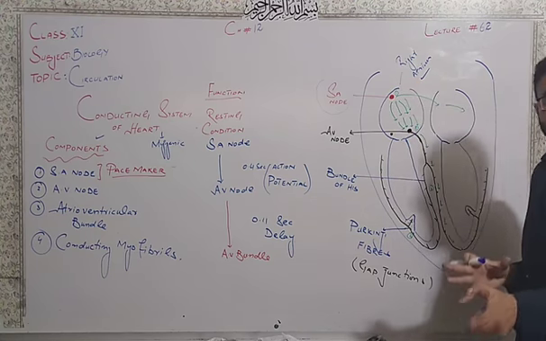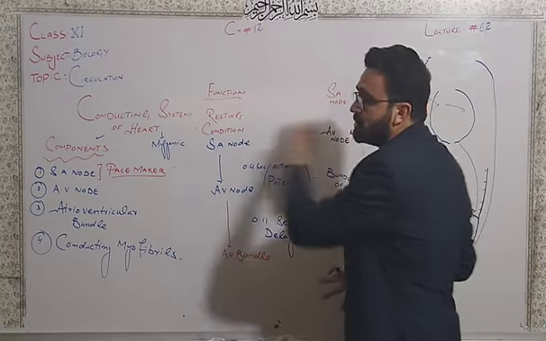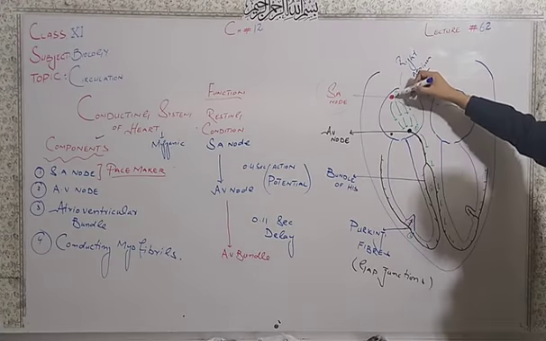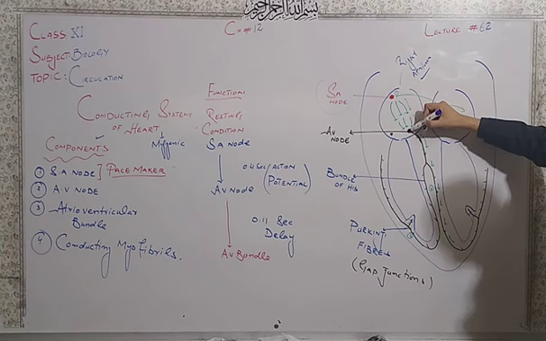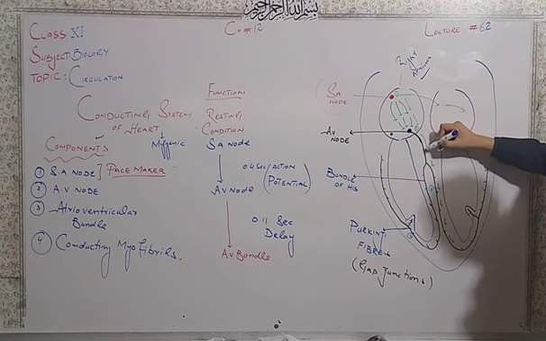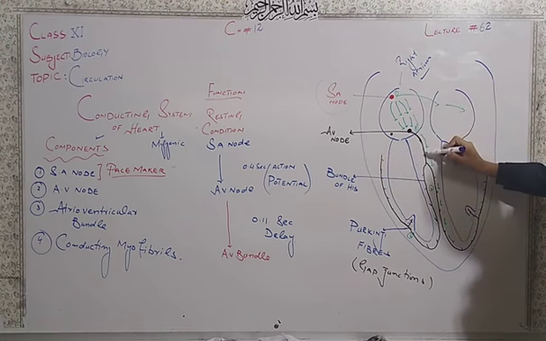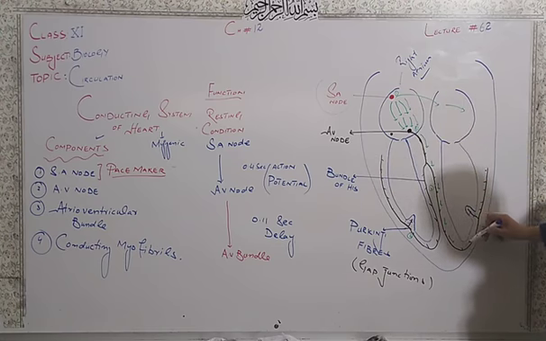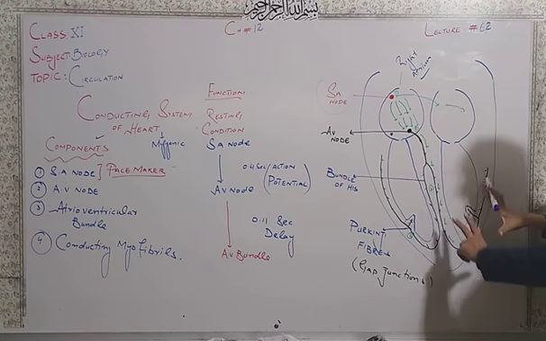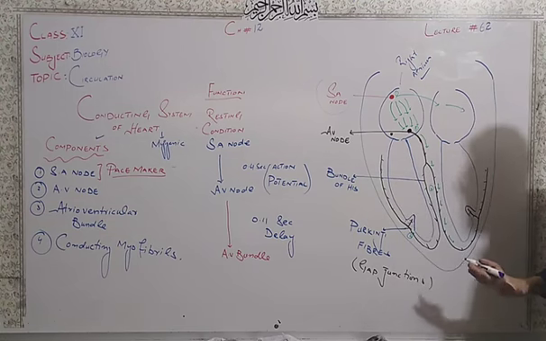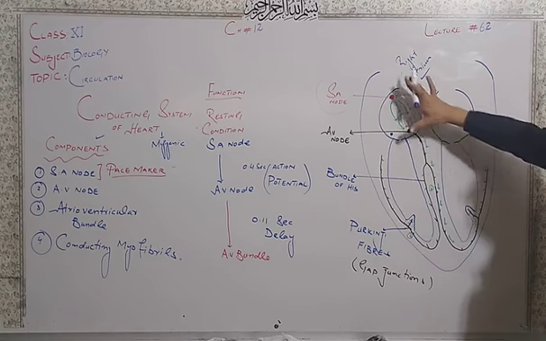The SA node generates the potential; that's why it is called a pacemaker. From the AV node, it travels to the bundle of His, or the atrioventricular bundle, and after that through the Purkinje fibers to all parts of the heart.